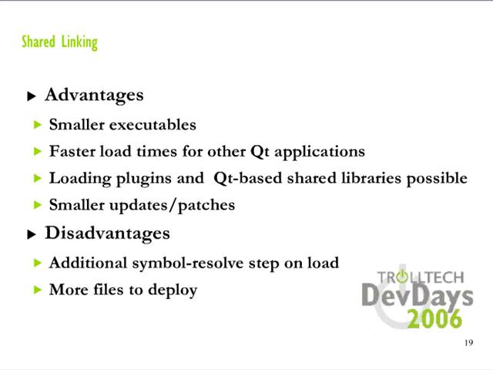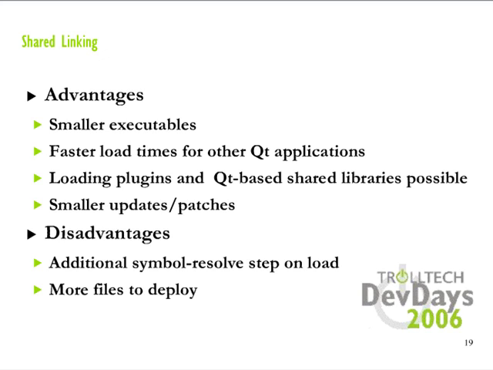Loading plugins in Qt-based shared libraries is possible. Of course, your updates and patches will be quite small because you only patch your actual binary, or you can swap out just the Qt library and don't have to ship a complete new binary.